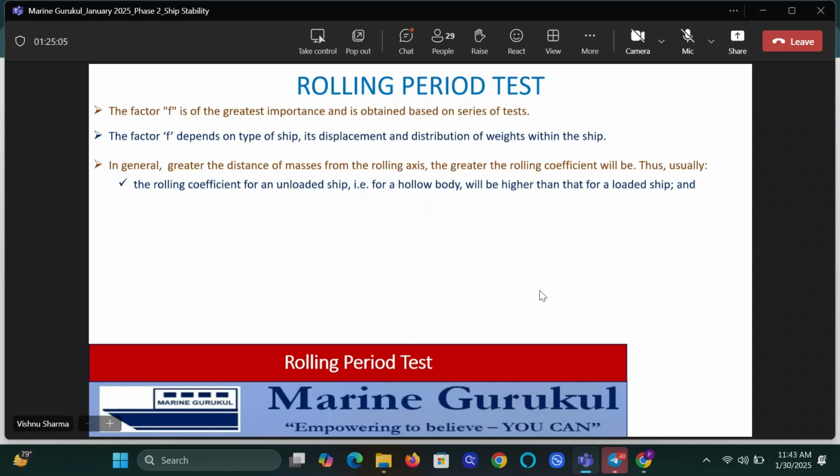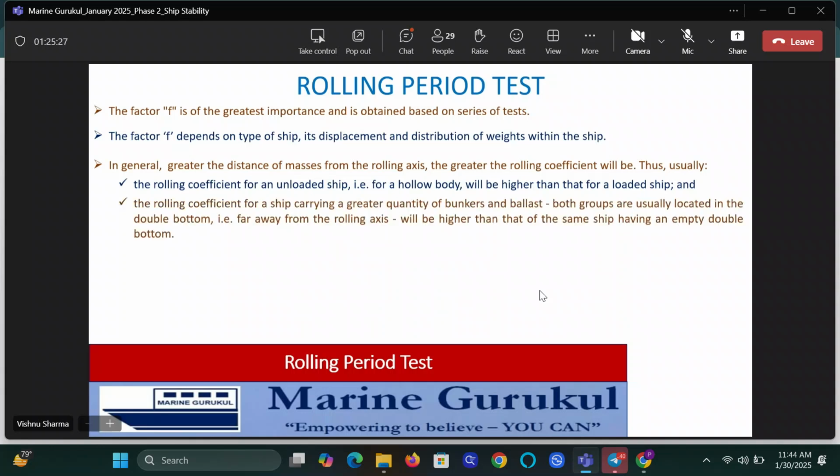On deck, you have the derrick, crane, and equipment. So the weights are distributed away from the reference axis or rolling axis. When the ship, on the contrary, is loaded with cargo, cargo is carried in the cargo holds, and the cargo is then concentrated closer to the axis of roll. Therefore, the rolling coefficient of an unloaded ship is usually higher than that of a loaded ship.